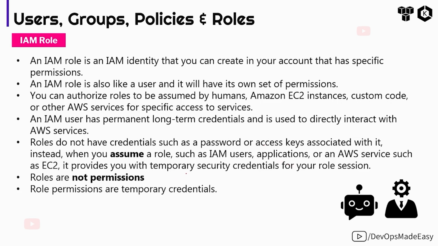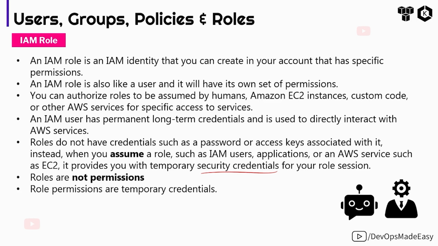Whenever a role is assumed by a service, AWS automatically provides temporary security credentials for that role session. So whenever a role is attached to a particular AWS service like EC2, AWS makes sure that it injects temporary security credentials into that EC2 instance, as long as that role is used by that EC2 instance.